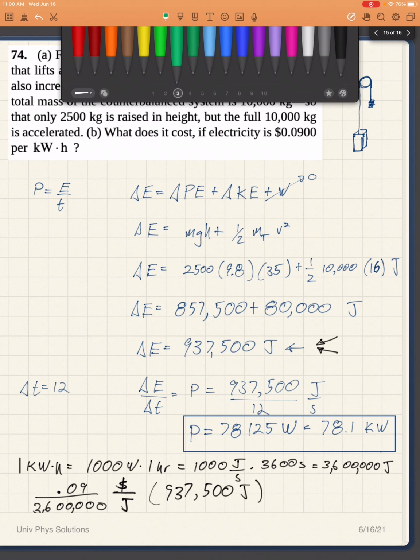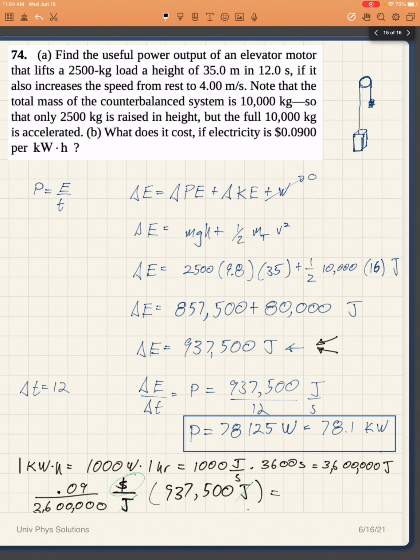I see that the joules cancel, and I will be left with only dollars. And so finally, the answer that I get is that the cost is going to be 0.234.